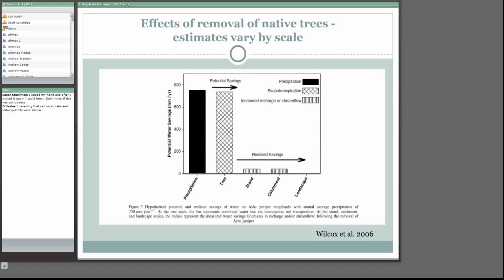But then at the stand scale, the difference in water consumption between a woodland and a grassland is, in this case, estimated at 40 millimeters per year. So spatial scale is important to consider when talking about these impacts and ecosystem services.